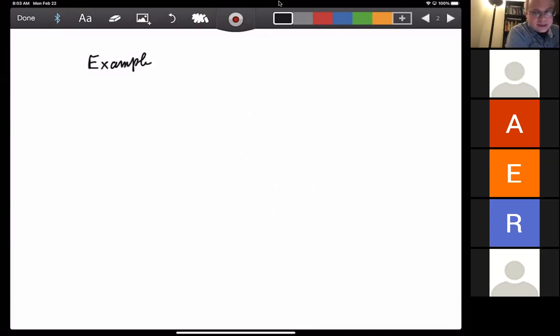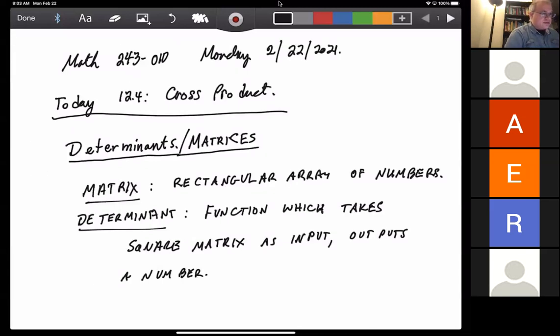Sorry, Professor, can you go back to the previous slide? Sure. Do you have a question, or you just need to come? Oh, no, I just needed to do a screenshot of those. I just have a question. Yes. What does the word say after takes and determinant? Oh, sorry. S-Q-U-A-R-E, square.